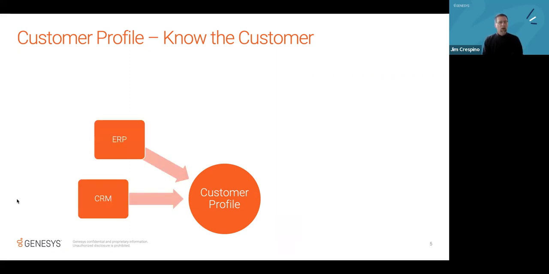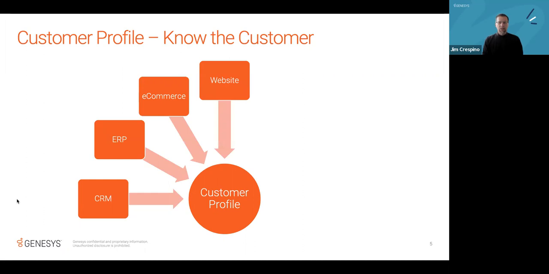And so we might build that customer profile from CRM data, from ERP data, from e-commerce data that they're using on our shopping site. Maybe they're adding stuff and taking stuff out of their cart, trying to make a purchase decision. Navigating the website. Maybe they're looking for support. Maybe they're looking at product brochures on the website.